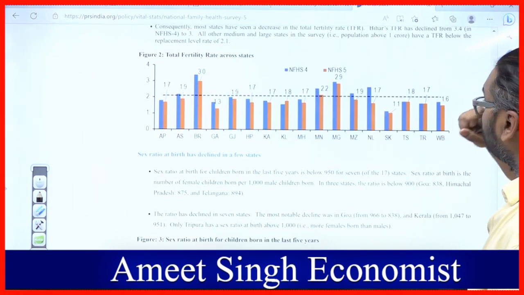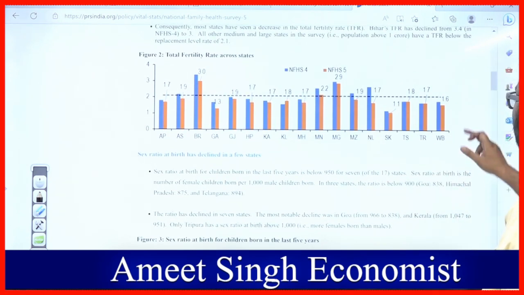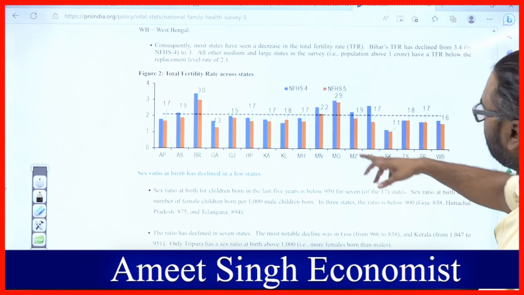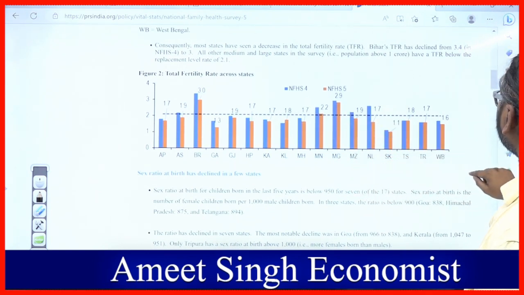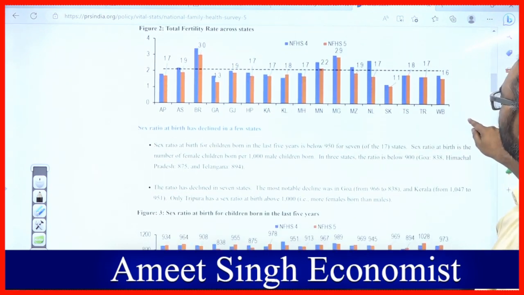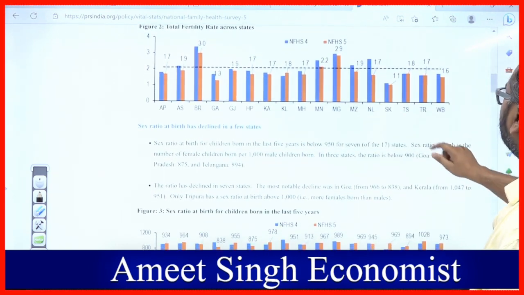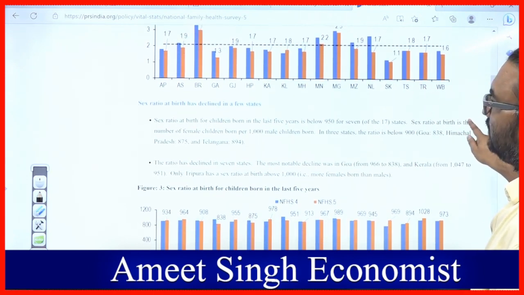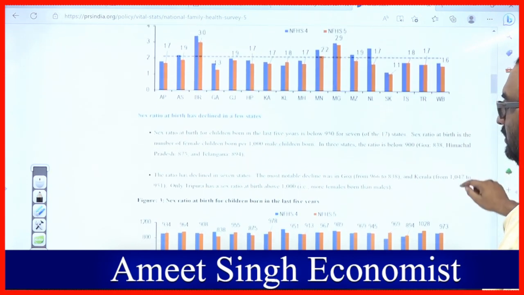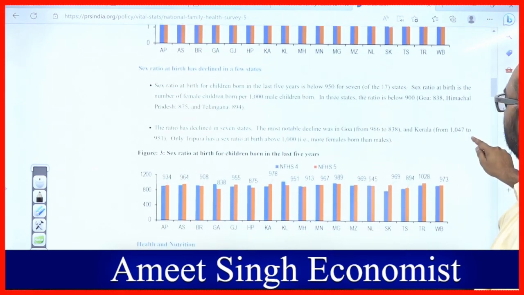So other than them, you got 2.9 over here. MG is, what is MG? Meghalaya, maybe, yeah. MG is Meghalaya, Nagaland, SK, Telangana state, TR, West Bengal, Andhra Pradesh, and so on. Goa.